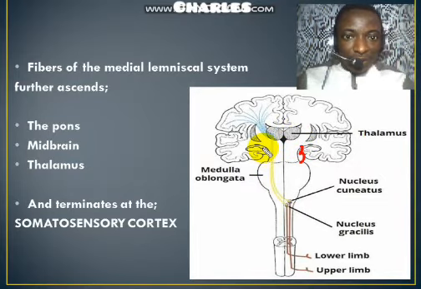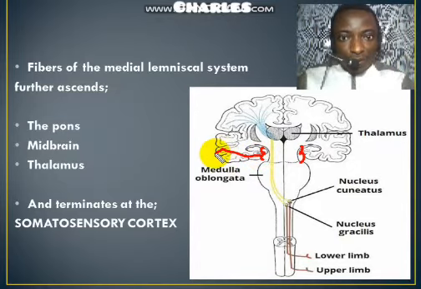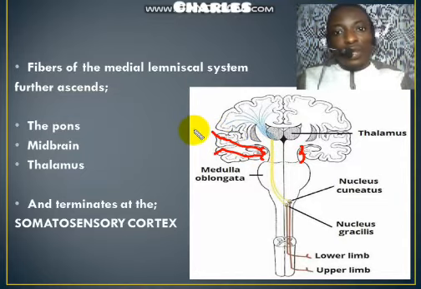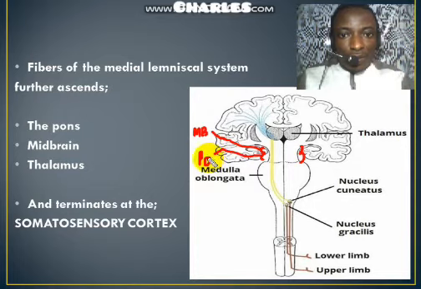I'm just trying to make things clearer for you. This is, of course, the medulla. This part is the pons, and this other part is what? The midbrain. Alright, this is the pons.